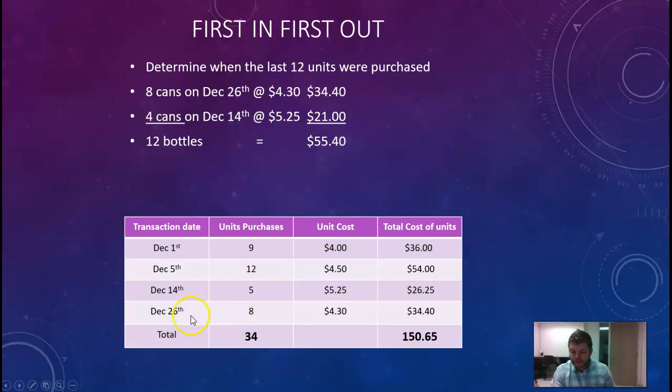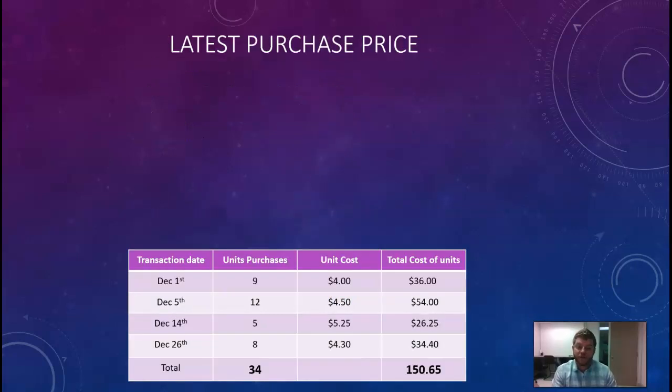Let's work our way backwards. The 8 on December 26th at $4.30 is $34.40. 4 of these 5 at $5.25 is $21, for $55.40. Ending inventory of 12 cans has a worth of $55.40.